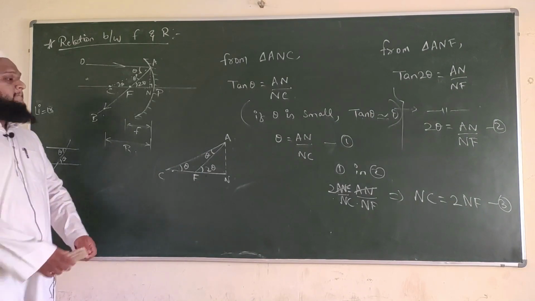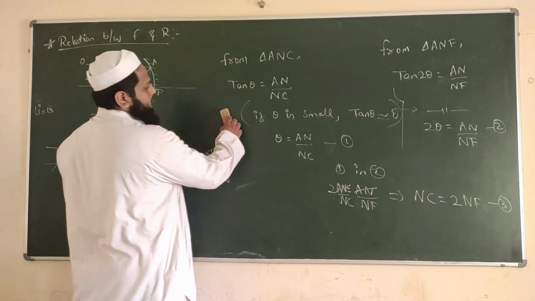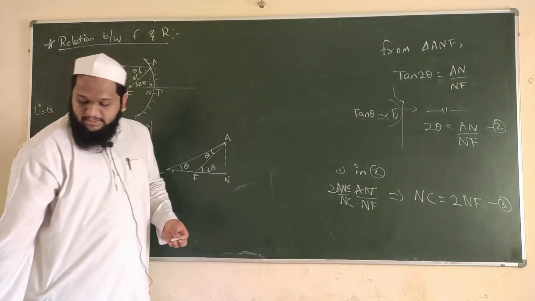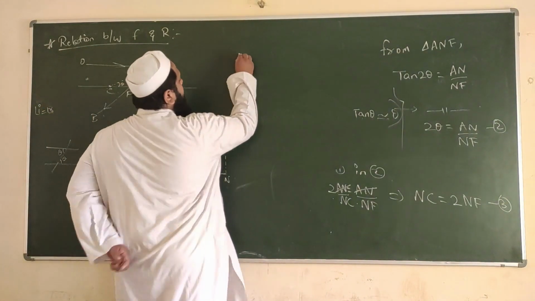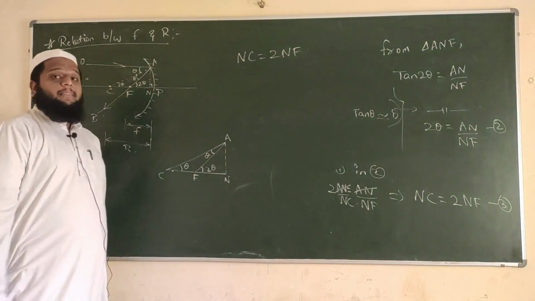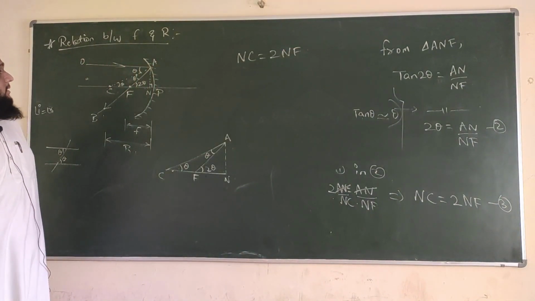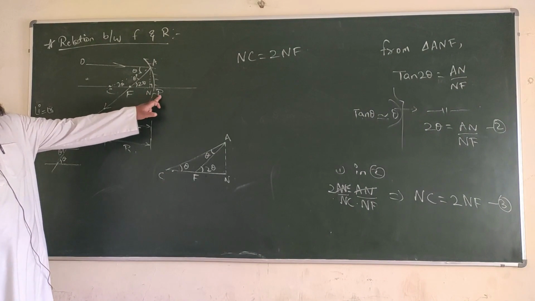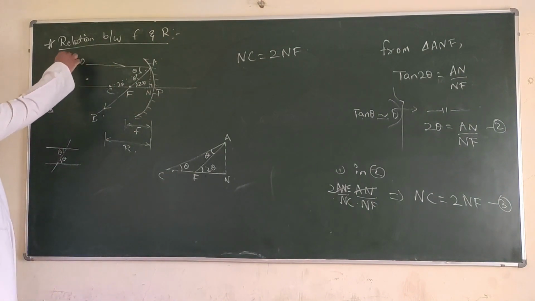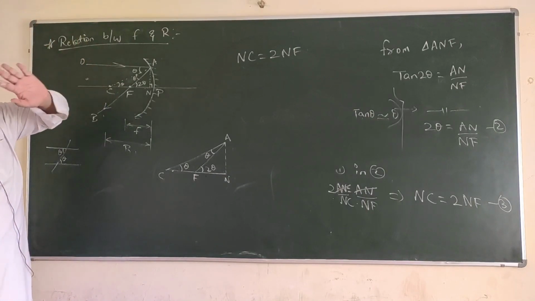Now to equation 3, we are told NC is equal to 2 times NF. If you see, N is close to P. Basic thing is, actually I should have told all the directions at the start.